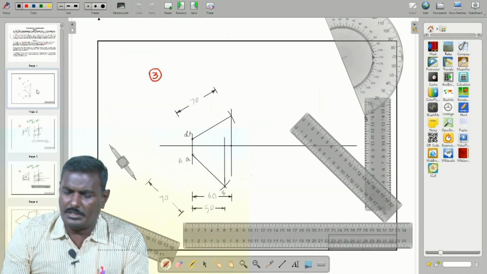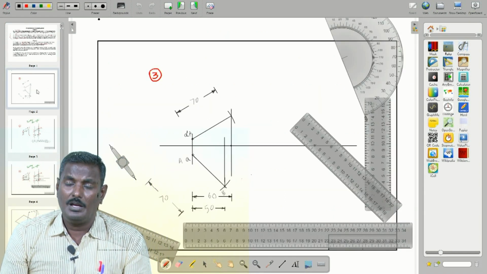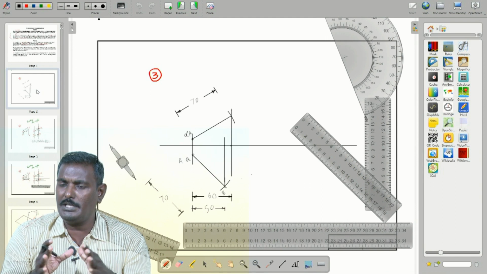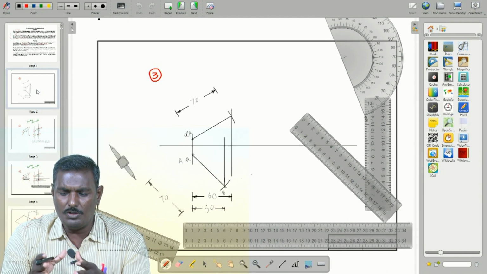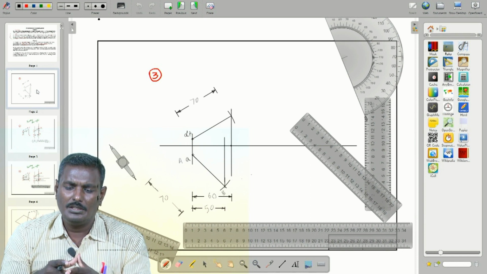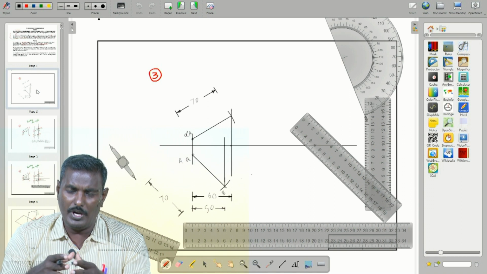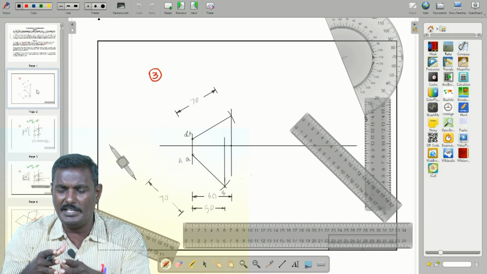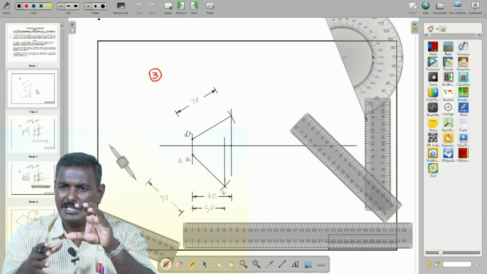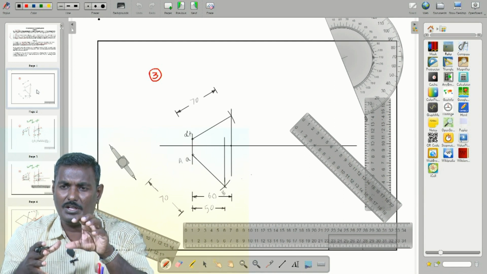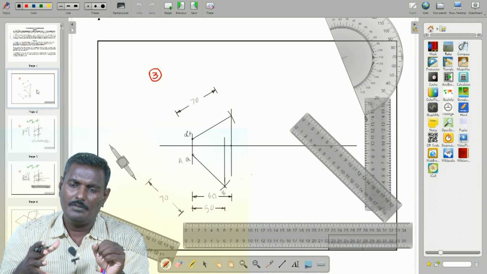So how to construct the projection? Already I stated projection is nothing but the endpoints lie in the same projector. In this problem, A dash and A, that is the elevation view and plan view of one point, are in the same projector. What about the other point?